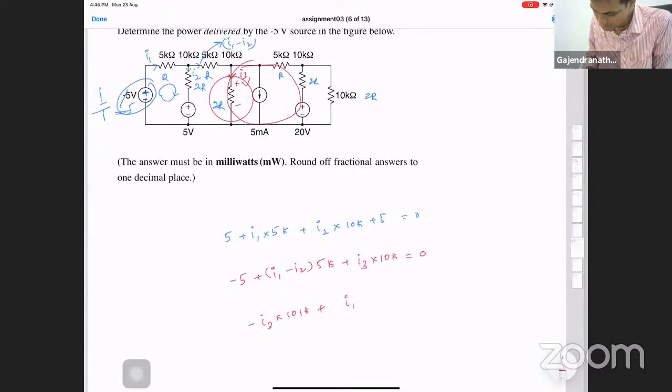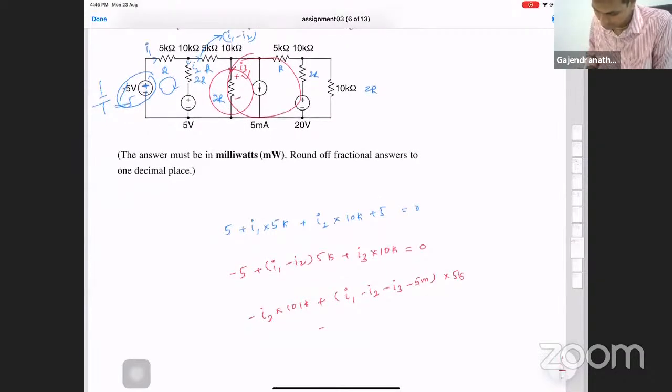So I1 minus I2 minus I3 minus 5 milliamps multiplied by 5K. Plus, I do not know the current going into this 2R, let's call it I4, so I4 times 10K plus 20 is equal to 0.